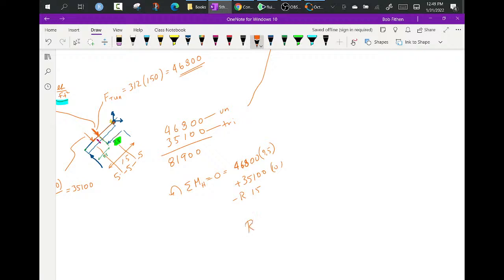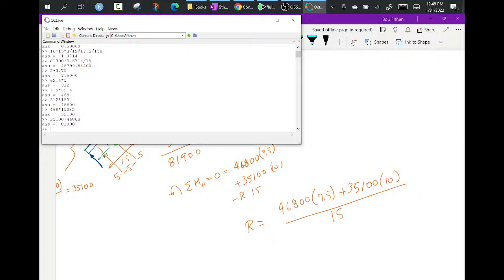So let's see what our resultant ends up with. 46,800 times 7.5 plus 35,100 times 10, divided by 15. I should be able to get that out before we're done here. Now I've got a problem here. I don't have the initial bracket.